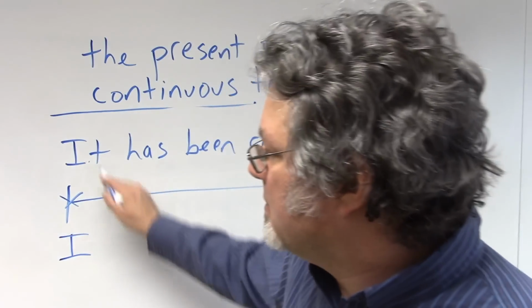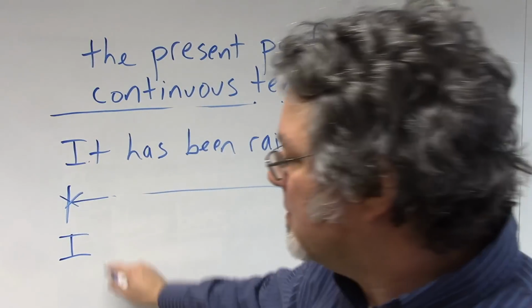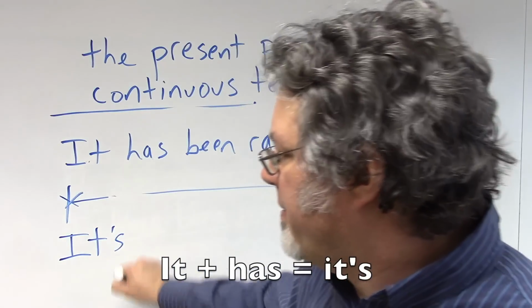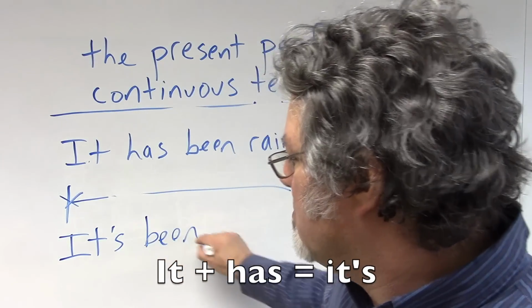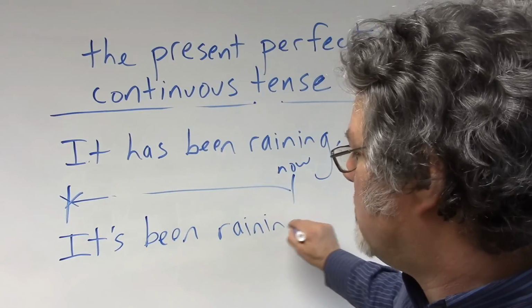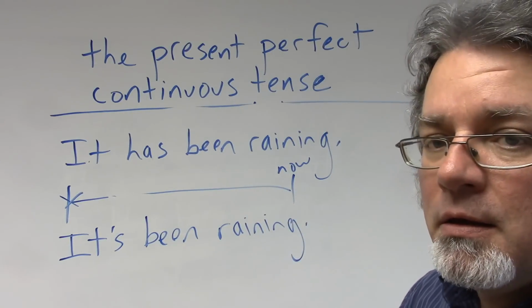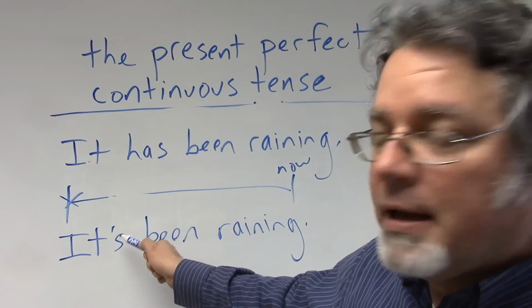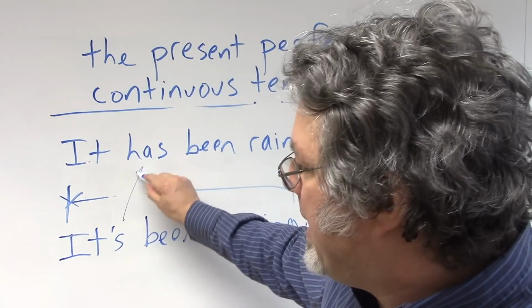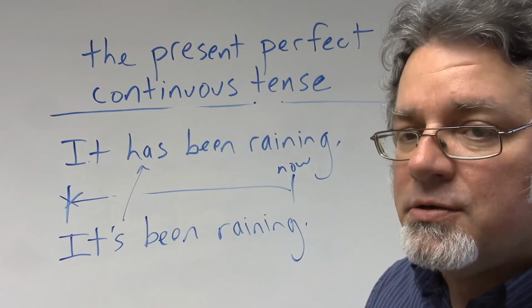If you do that, add it and has together, that becomes it's. It's been raining. But you have to remember that this is has, not is.